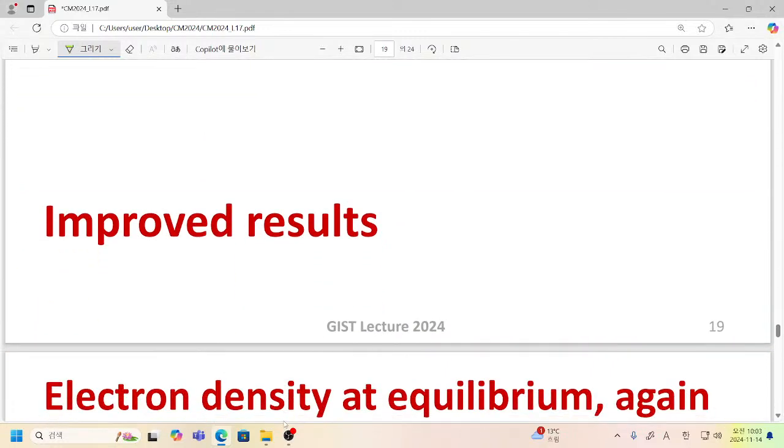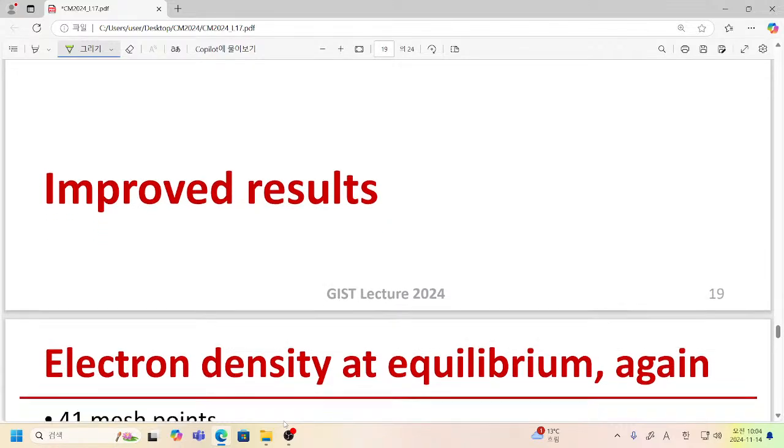And now I wanted to wrap up today's lecture by showing you the improved result. The improvement is really significant. Actually, without the Scharfetter-Gummel scheme, we cannot solve many problems.